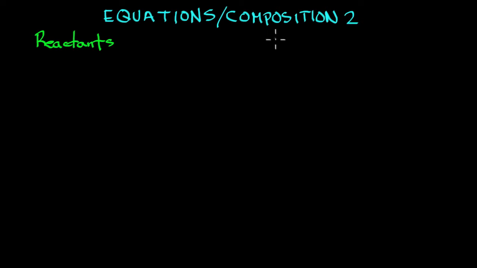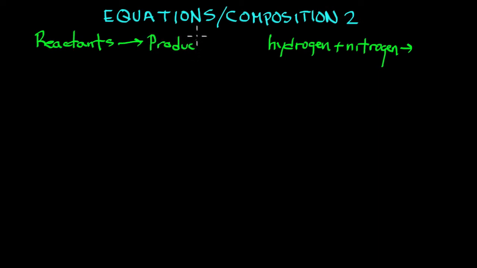The reactants are going to be hydrogen gas and nitrogen gas. Okay, now it's going to yield, that's the yield side, to produce products, or in this case a product. The product is going to be ammonia.